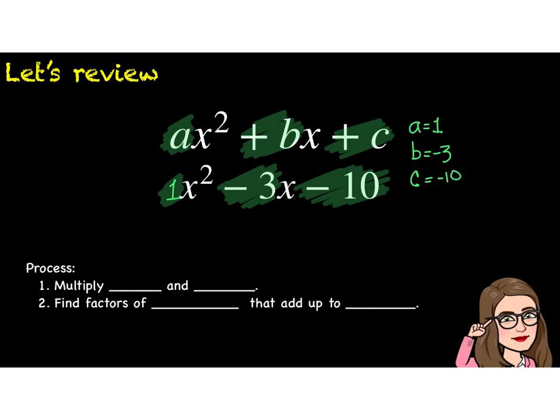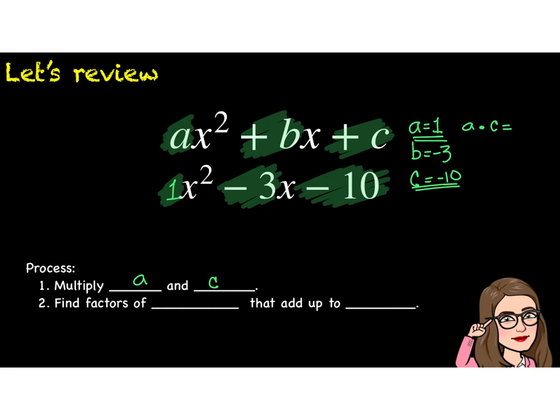Now, why do we want to do this? Because it's the way that we are going to be solving these problems. The process that we always follow is the following. First, number 1, we always multiply A and C. So in this case, I'm going to take my A, which is 1, times C, which is negative 10.